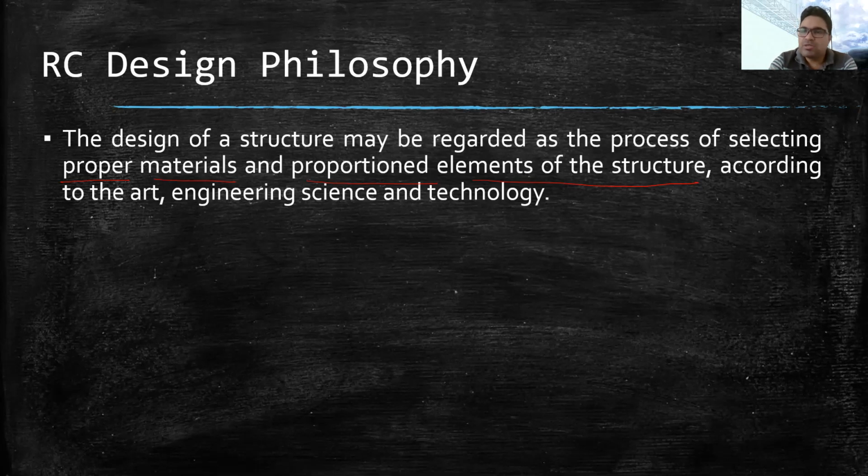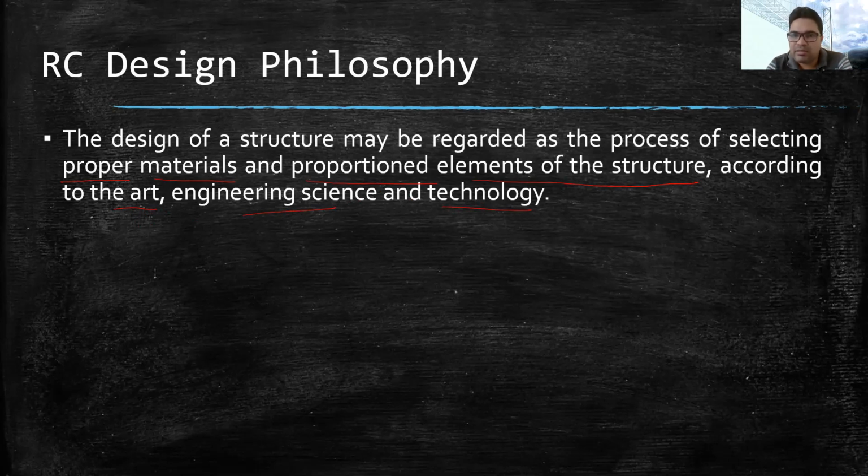And on what basis do we do that? We do that on the basis of an art, which is the art of structural design, engineering science, and technology. In summation, using the art of structural design, we can proportion elements of the structure.